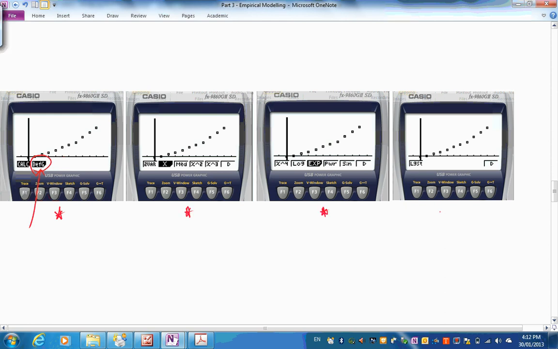These are the three windows where you can go searching for different function types and get the calculator to draw it in stat mode. So here, if you want to try and fit a straight line, do you remember? You'd hit X. It comes up with a window, and then you graph it and see how well it fits.